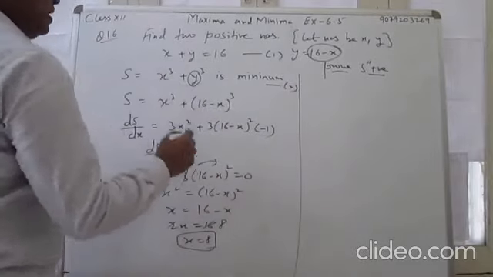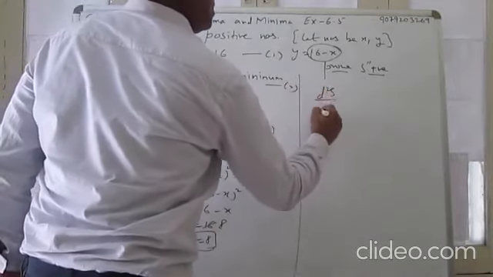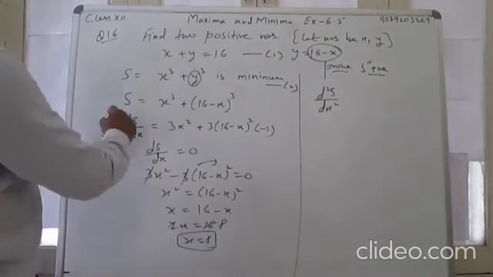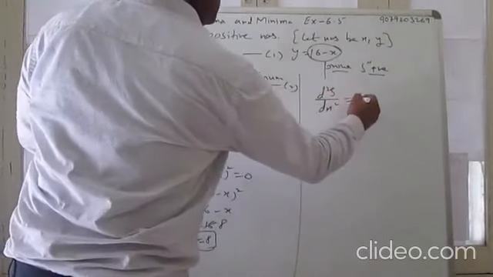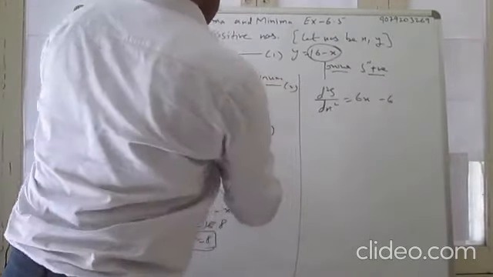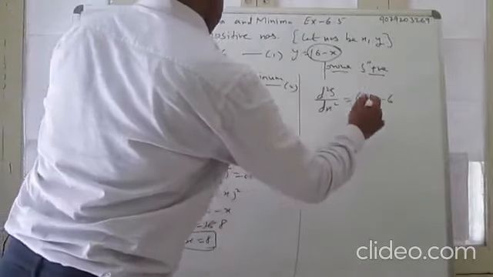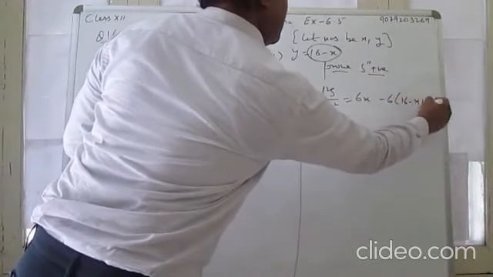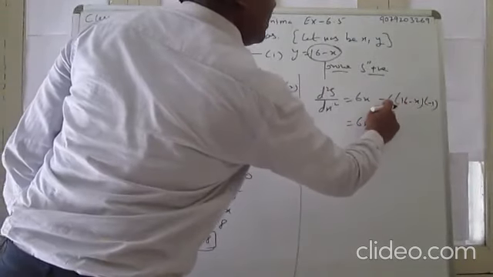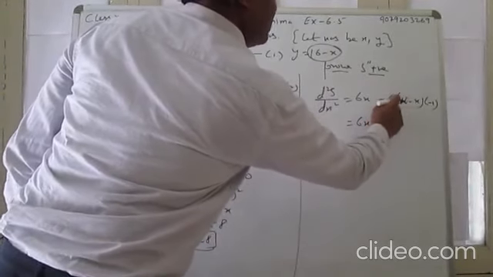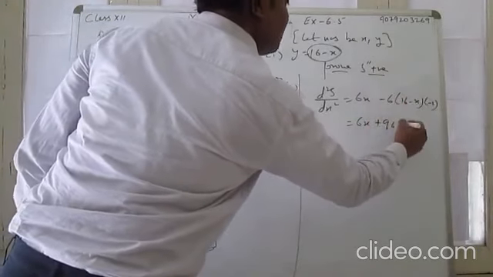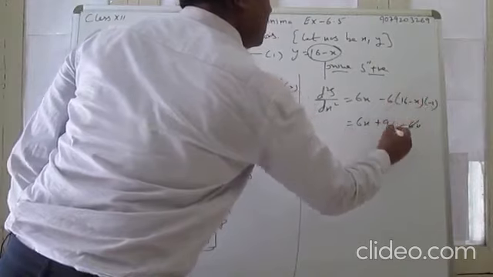The point comes out to be x is equal to 8. We have to check the double differentiation d2S by dx square. It is 6x and minus 6 into 16 minus x into minus 1. So we get 6x plus 96 minus 6x, and the x terms cancel out.